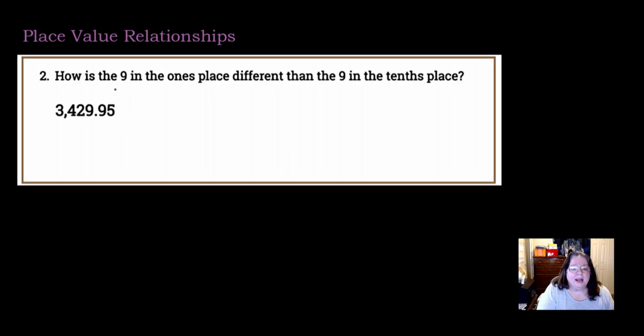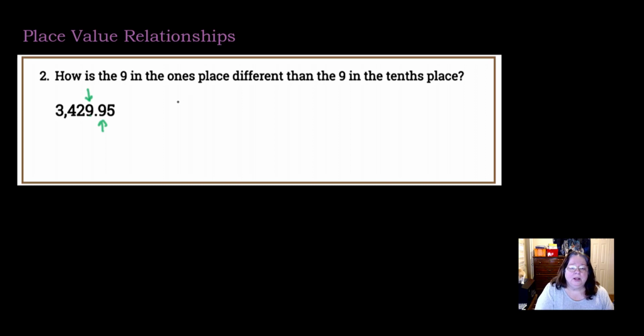All right, let's look at the next problem. How is the 9 in the ones place different than the 9 in the tenths place? Well, let's look for the 9 in the ones place. Okay, that's this 9. And let's look at the 9 in the tenths place. How is this one different than this one? Well, we know that every time we move over column-wise, our value increases 10 times.